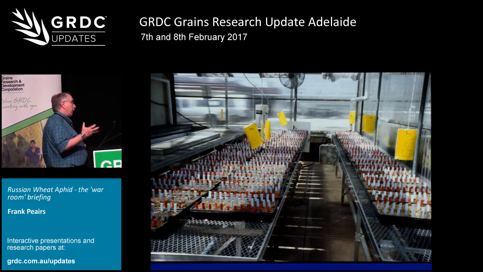We have done a lot of variety development to incorporate DN4 into our varieties, as well as look for additional sources of resistance to Russian wheat aphid. We do that all with large-scale phenotyping in the greenhouse based on seedling response to the aphid.